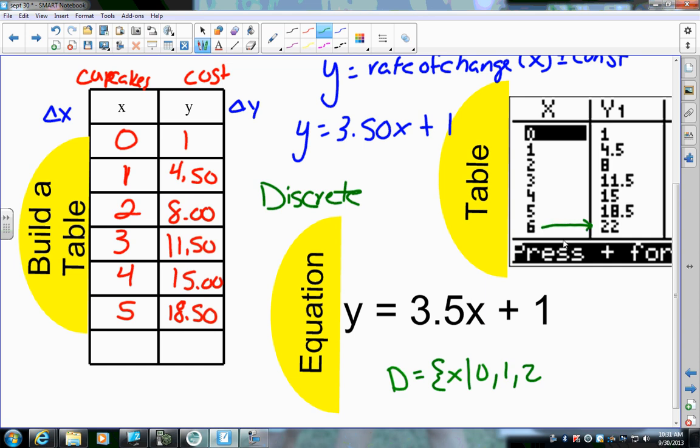I don't have enough for that. At 5, it cost me $18.50, so that means I have some change. So my domain would only go up to 5: 0, 1, 2, 3, 4, and 5. So you would write your domain only up to 5 because we don't have enough money for 6 cupcakes.